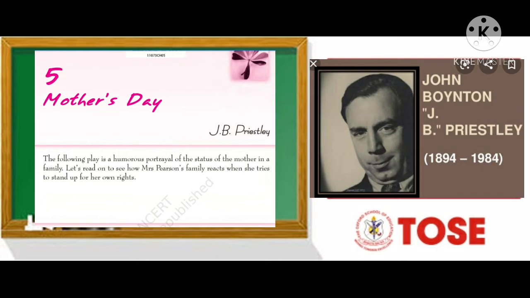Doris Pearson, she's the daughter of Mr. and Mrs. Annie Pearson. And the third character here is Cyril Pearson, who is the son.